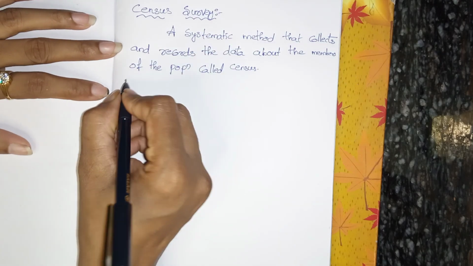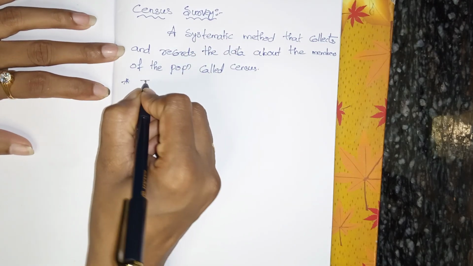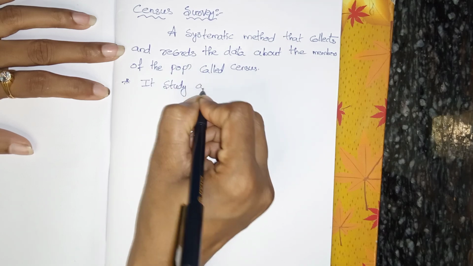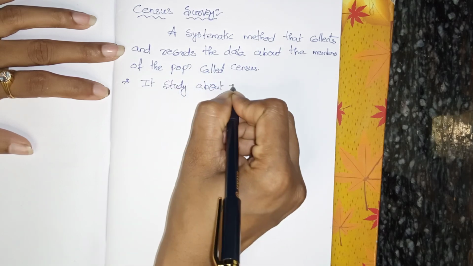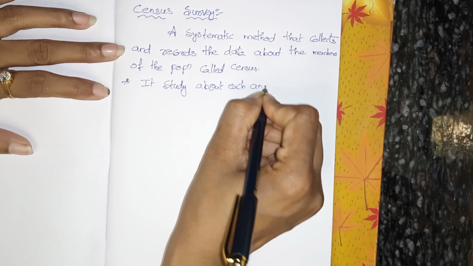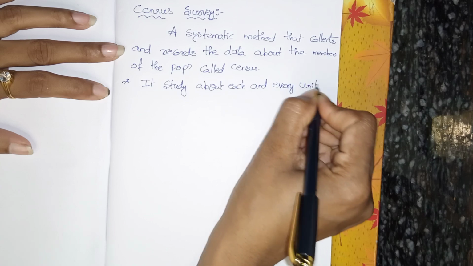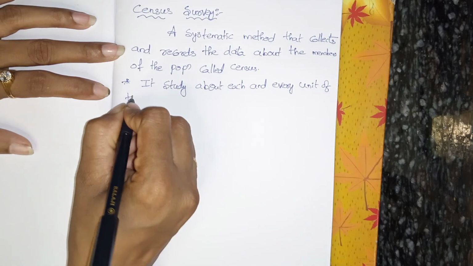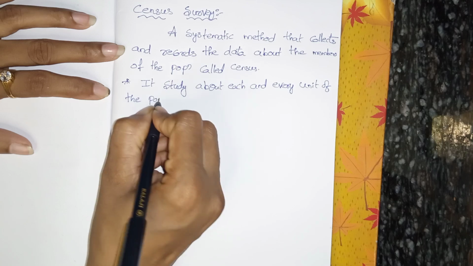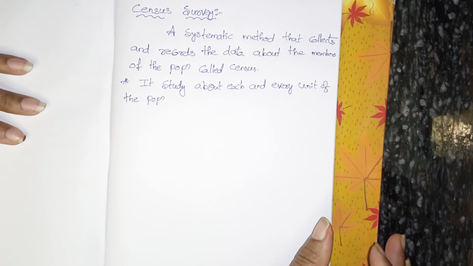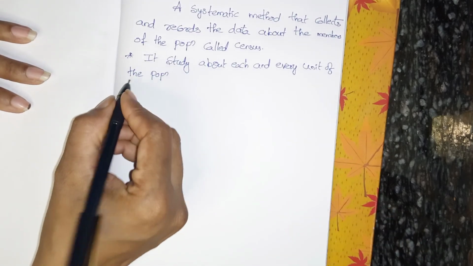So first one, it studies about each and every unit of the population. That means if we are having 10 members in a sample, it will study about all the 10 members. So that is the first point.